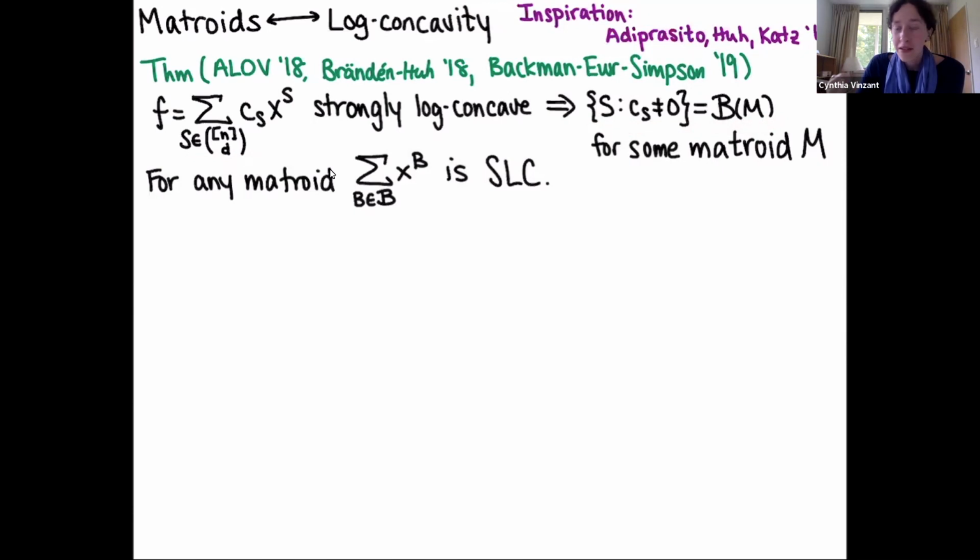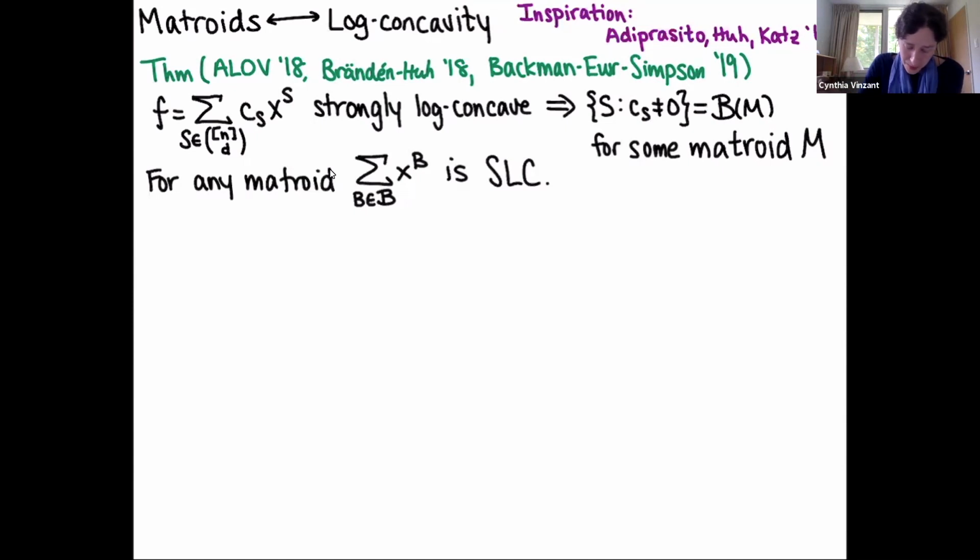And the harder thing to show is that actually all matroids show up this way and show up with the coefficient 1. So if I take any matroid and I sum over all of the bases the corresponding square-free monomial, the resulting polynomial I get is strongly log concave.